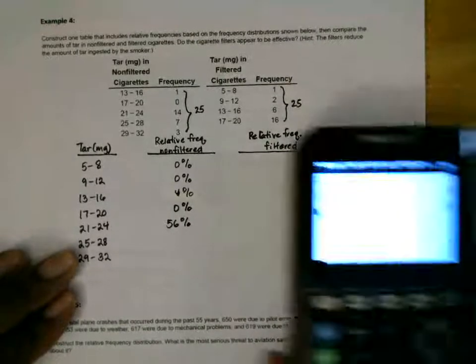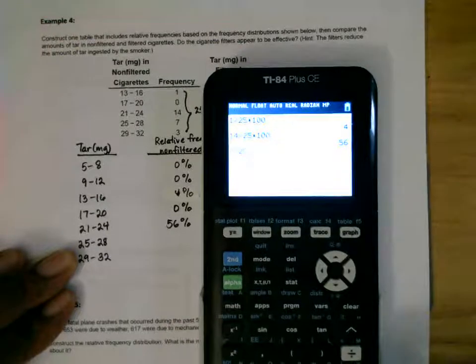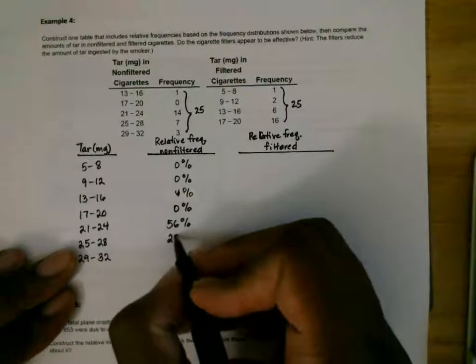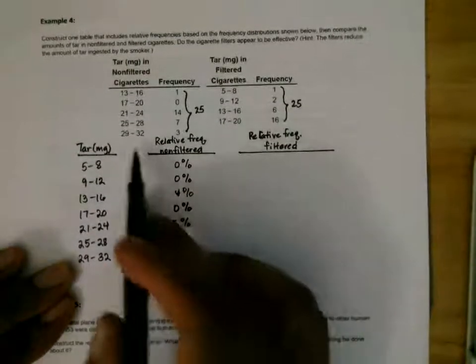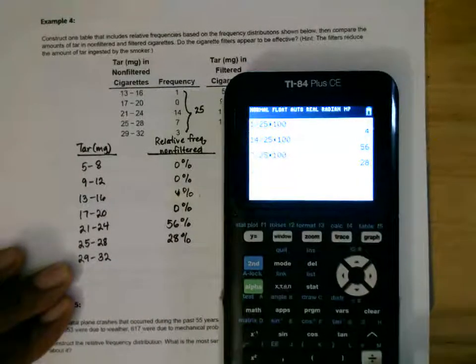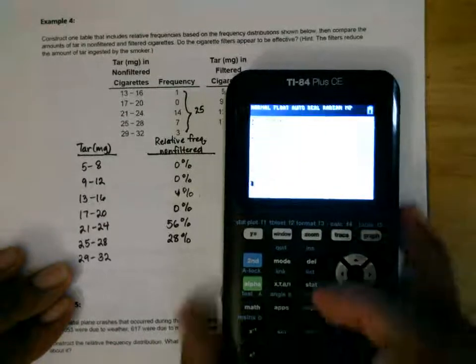And now for 25 to 28, there's 7. So 7 divided by 25 times 100 would be 28%. And then finally for the 29 to 32, there's a frequency of 3. So 3 divided by 25 times 100 would be 12%.